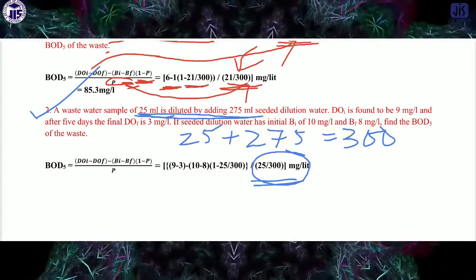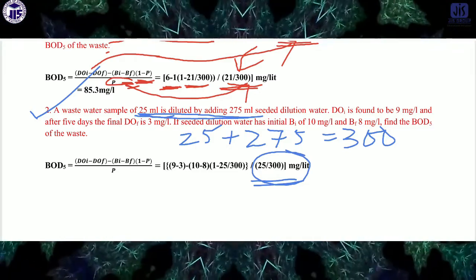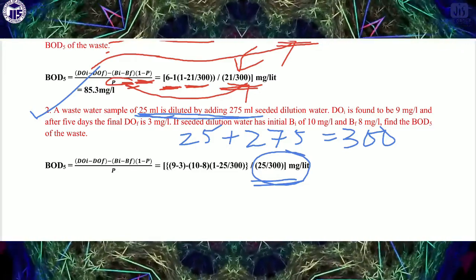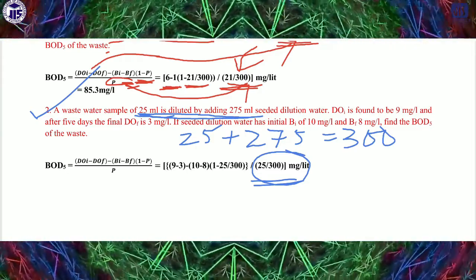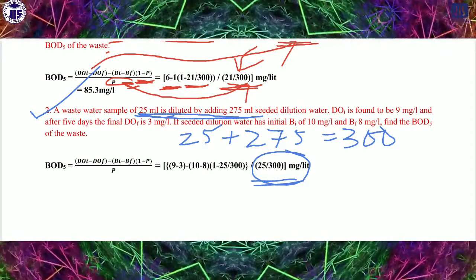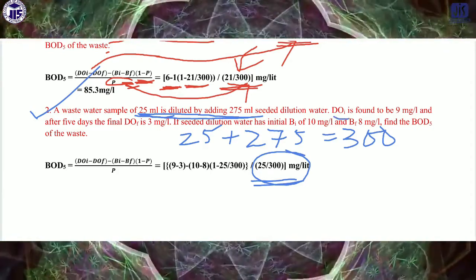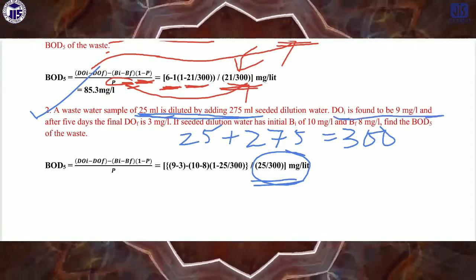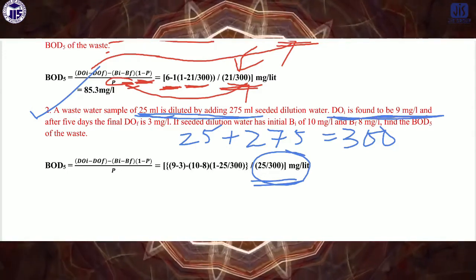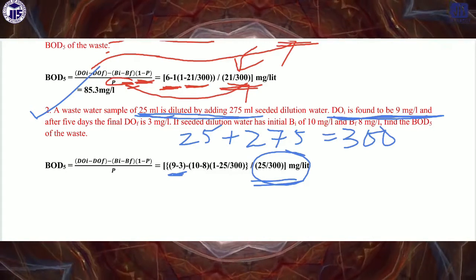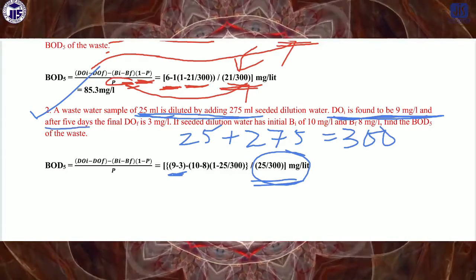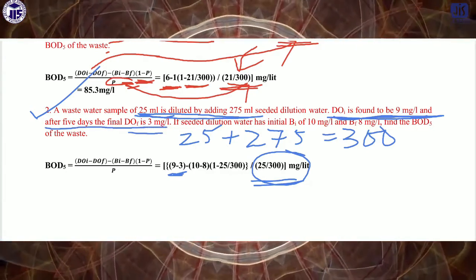Okay, so now the next term. Dilution seeded with dilution water, DOI is found to be 9 milligram per liter. So first one is 9, and after 5 days the final DO5 is 3 milligram per liter.